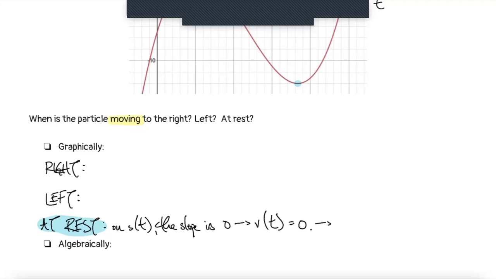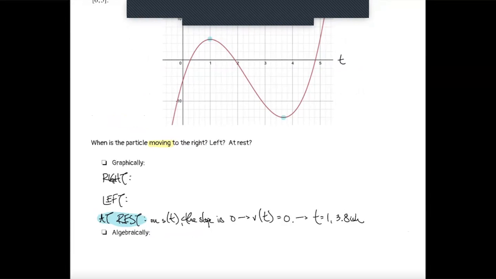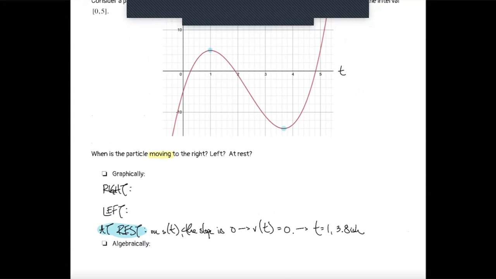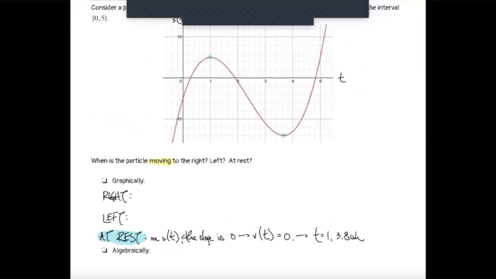And so our response would be t equals 1. And then what value did we guess it to be at? Yeah, around like 3.8-ish. All right. Does that make sense to folks that when we're looking for when the particle's at rest, we're looking for where the slope on s of t is 0?